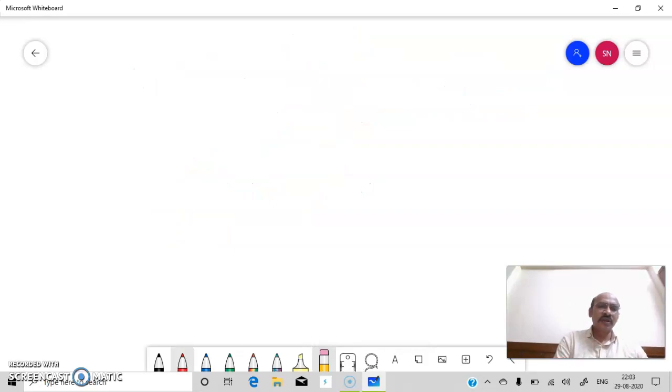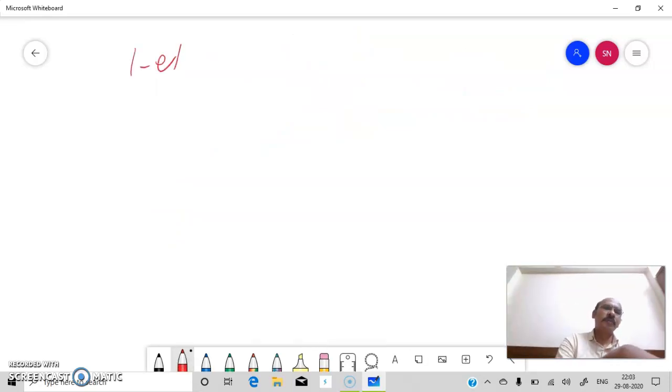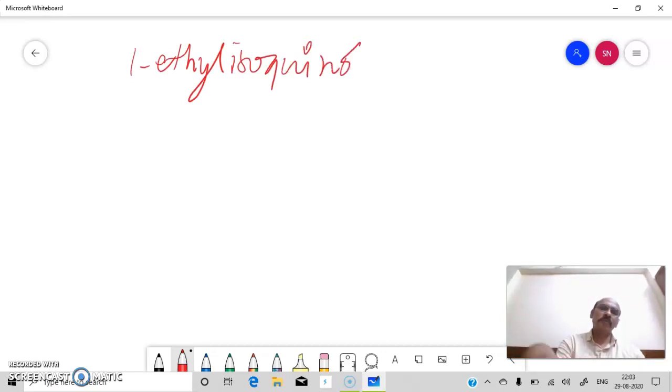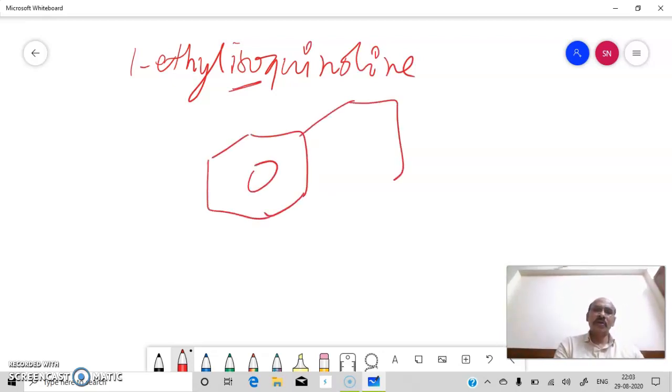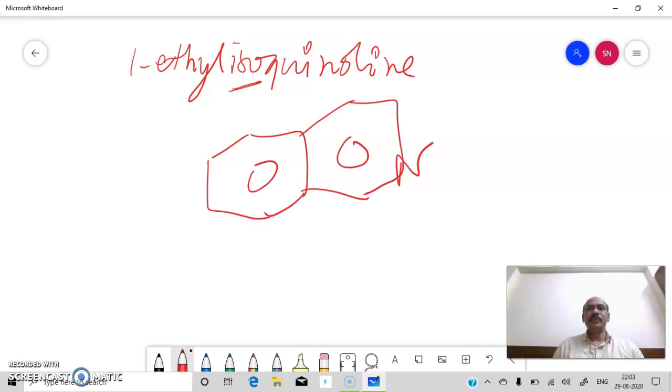1-ethylisoquinoline is the name given there. So iso means nitrogen is at the second position like this, and this is the first position where you have to write C2H5. So it is 1-ethylisoquinoline or 1-ethylbenzo C azine.